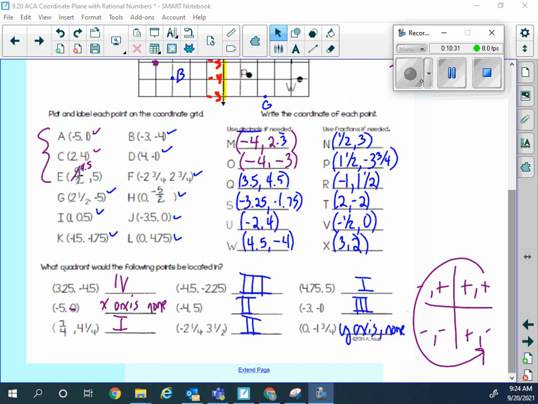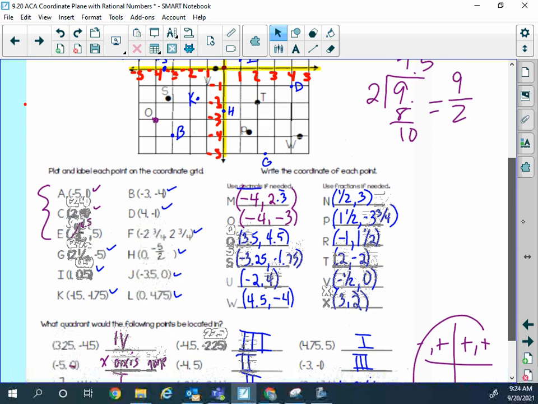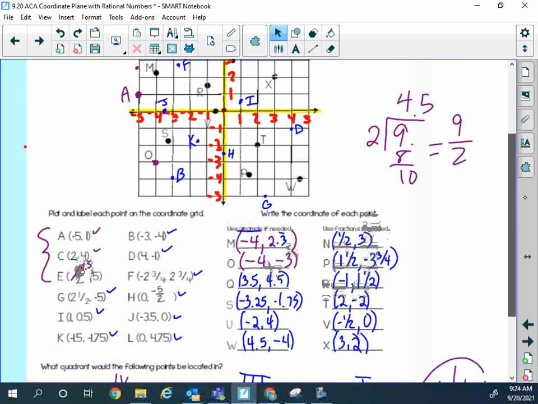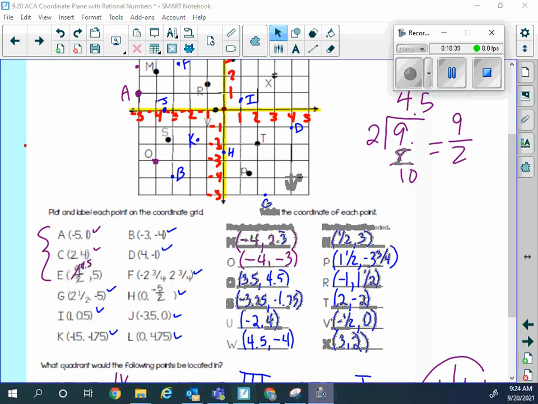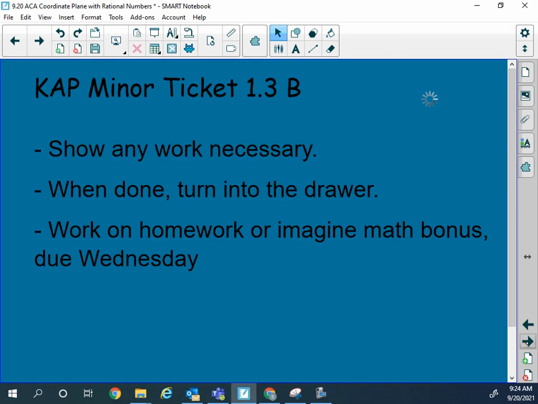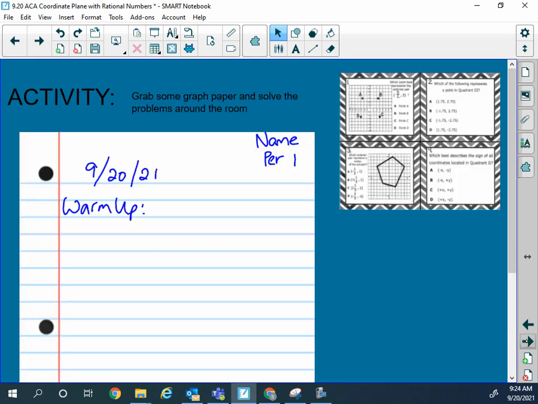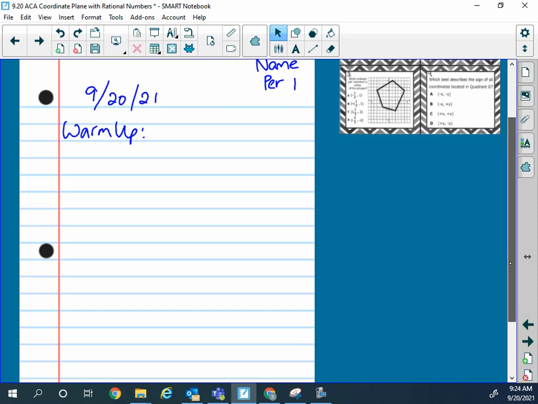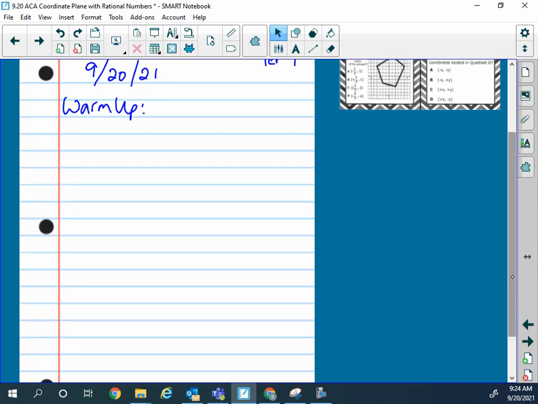Go ahead and check, if you're at home, check the bottom, and check the graph. Pause as necessary. Guys, does anybody have any questions? Anything I need to fill in? Okay. I asked you to have out that other piece of paper, right? Okay. So, what I want you to do on your piece of paper, please.